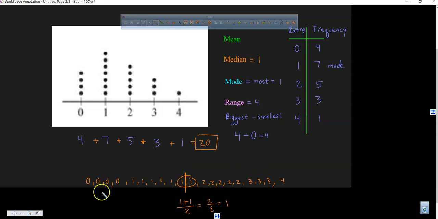Now, that's a long way of doing it. What you could do is you could really just count how many there are. There's 20. So the median has to be right there in the middle. And then you could start going, oh, look, what's 4 plus 7? 4 plus 7 is 11. And 11 is already past the median.